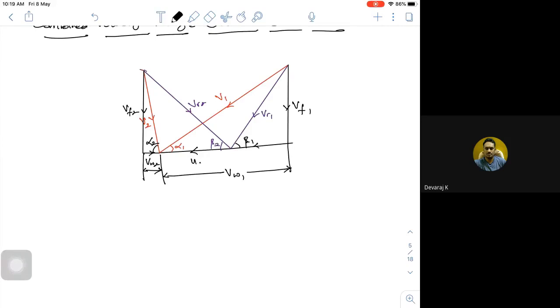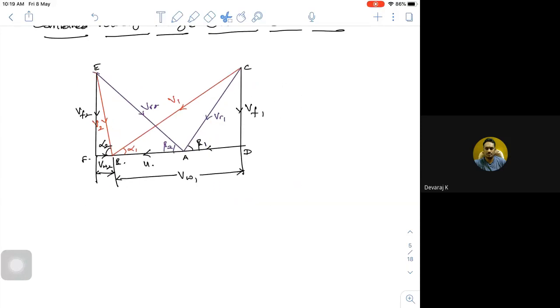Let's name the points A, B, C, D, E, F. Then AD is equal to VW1 minus U, and EF is equal to VW2 plus U, because that's very much required for us.